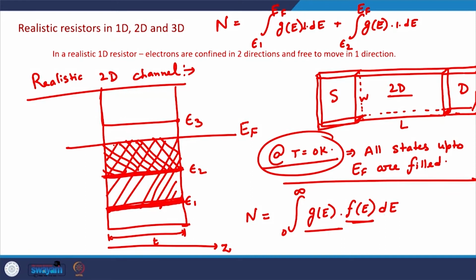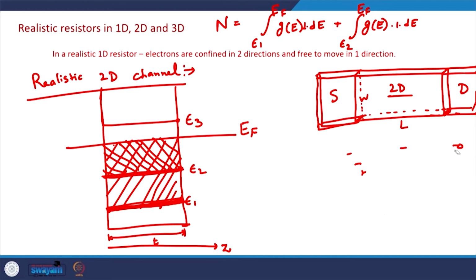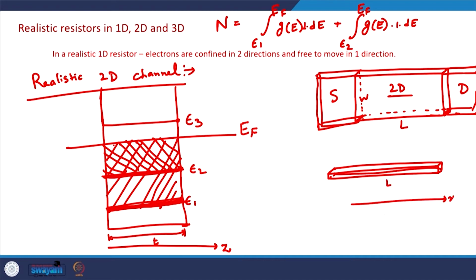In a 1D conductor, we will have confinement in two directions. So the potential well will be in two directions and electrons are free to move in one direction. So in a real 1D conductor, let us say this is x direction, this is y direction, this is z direction.